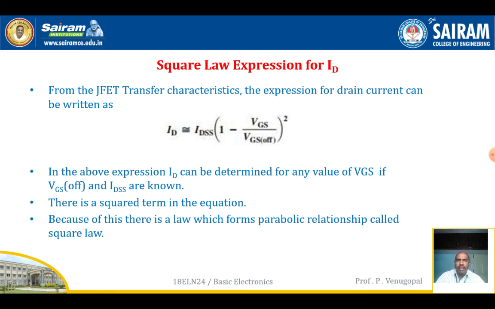So ID equals IDSS into (1 minus VGS by VP or VGS off) whole square. In this expression, ID can be determined for any value of VGS if VGS off and IDSS are known. The term (1 minus VGS by VGS off) whole square is the square term in the equation. Because of this term, there is a law which forms the parabolic relationship, called the square law.